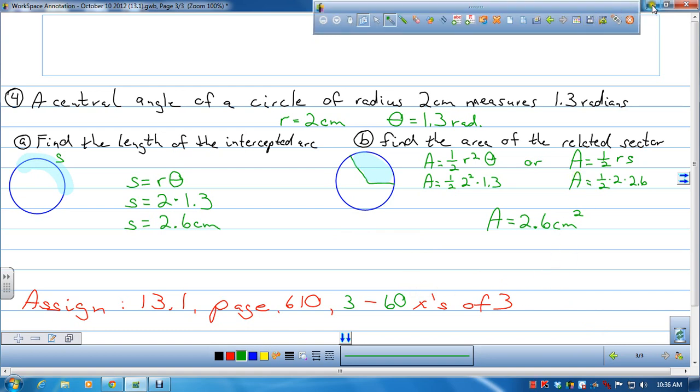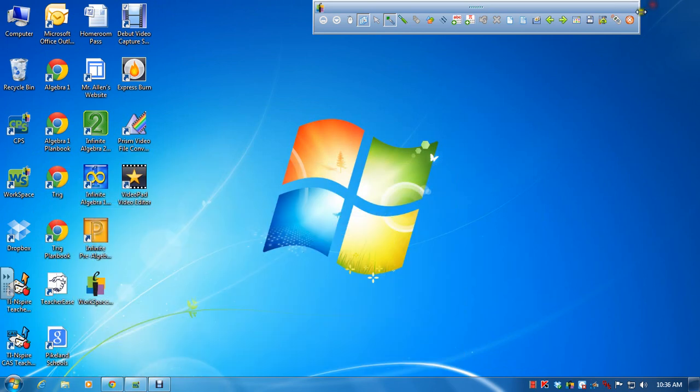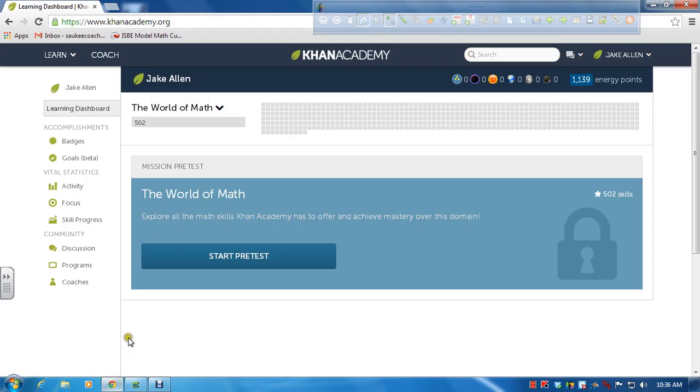Let me do something as well. If you want some clarification on these radians, and I would strongly encourage you to do this, I've got Khan Academy pulled up, www.khanacademy.org. That's KHAN academy.org. And I would strongly recommend you go here and get an account or whatever.